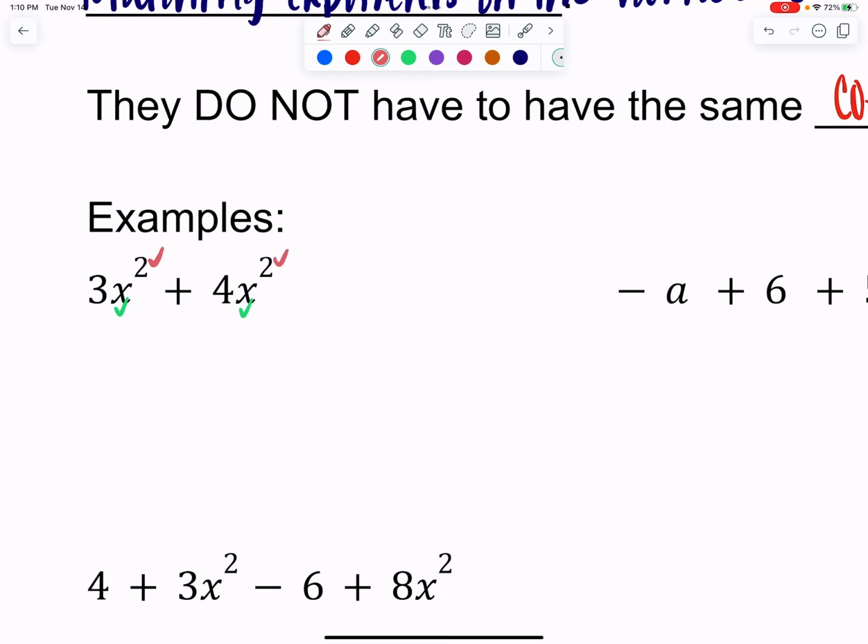These match, so we are going to combine their coefficients. We're going to do 3 plus 4, and we are going to keep that x squared. It stays the same. Well, 3 plus 4 is 7, and I'm going to stick the x squared on the back because we're not changing it.